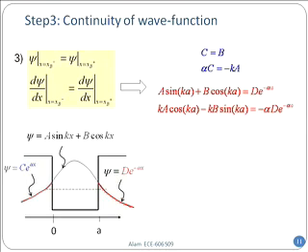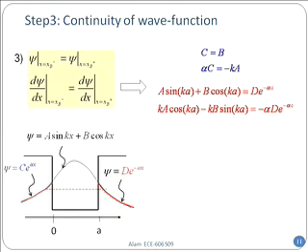And similarly, what about the derivative conditions? If you take the derivative first and then apply at x equals 0, you will pick up alpha C e to the power alpha x, and you set x equals 0 there. Similarly, you take the derivative on the right hand side, and that gives you the second blue equation from the top. I don't want to go through the next two equations, but you can easily see how it works.